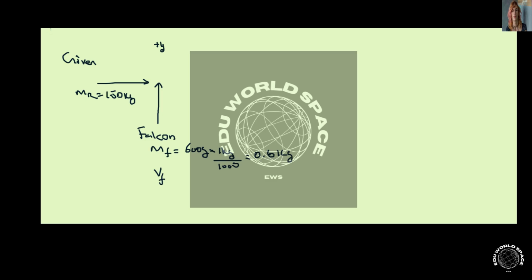I'm going to call that Fi, and that happens to be 20 meters per second. And then the two of them collide with each other, and the raven veers off at an angle which we're going to call theta.